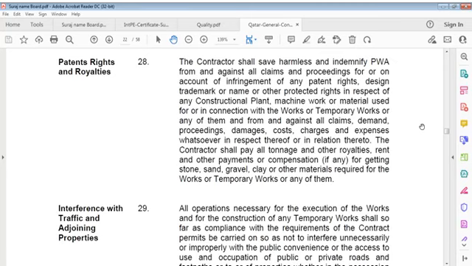Contractor shall pay all tonnage and other royalties, rent, and other payments or compensations for getting stone, sand, gravel, clay, or other materials required for works.